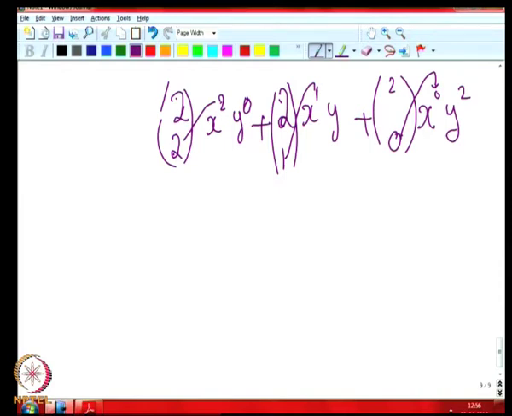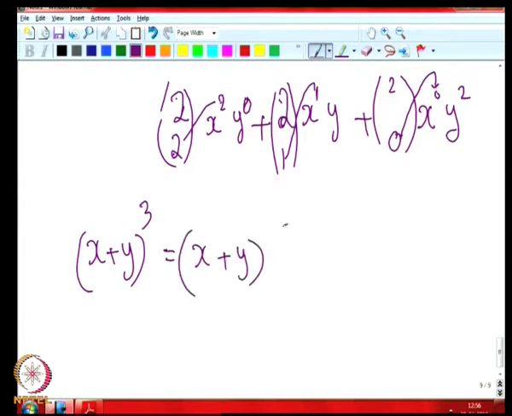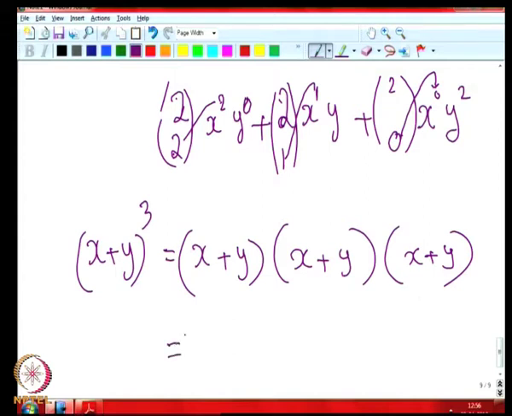Similarly, let us say x plus y whole cube. This is equal to x plus y into x plus y into x plus y. See, for instance, you can consider the first term as the x raised to 0 term. That means from all of these I take y, because each x plus y factor will contribute to the product.